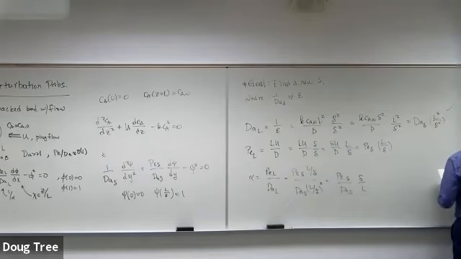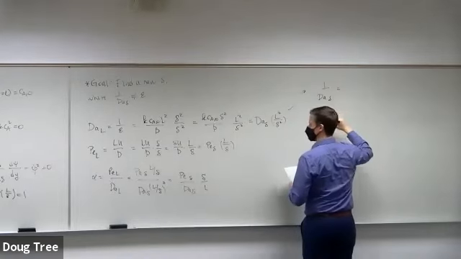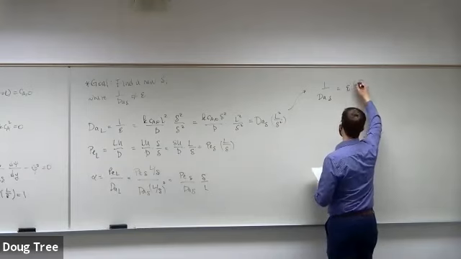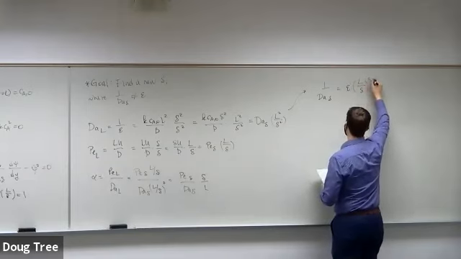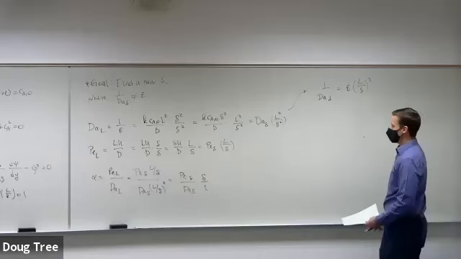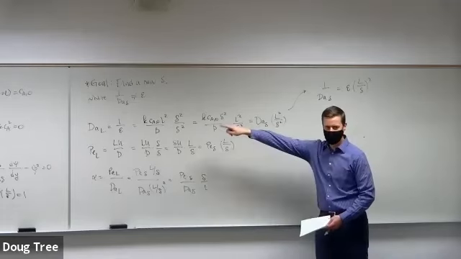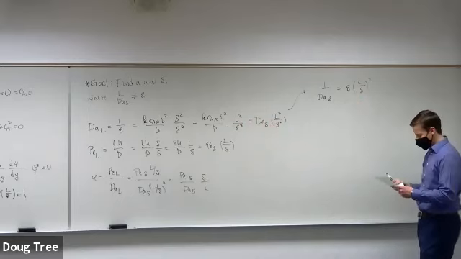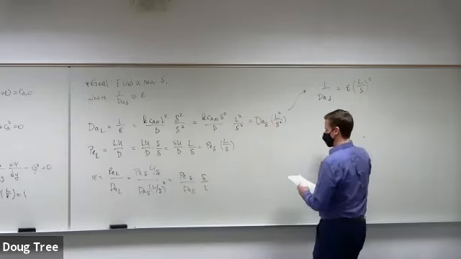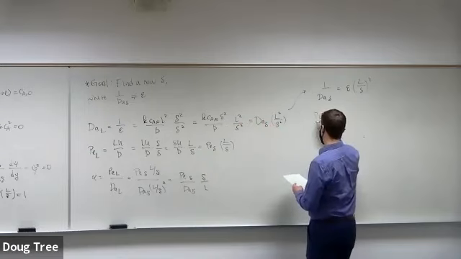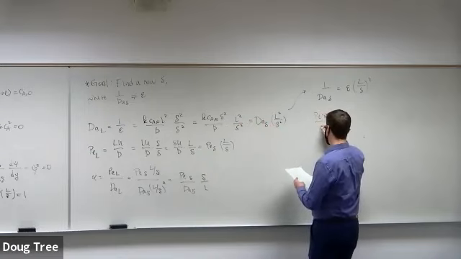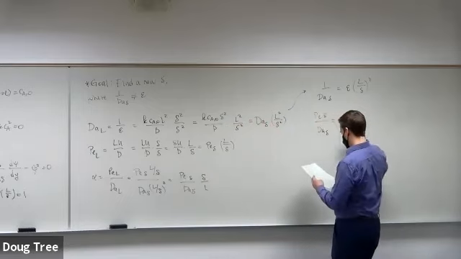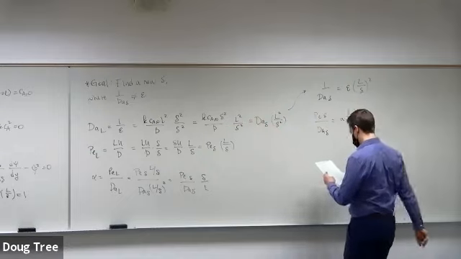I have 1 over Damköhler delta is equal to epsilon L over delta squared, because if I move that over and move the epsilon over, I get this relationship. And then I have Peclet delta divided by Damköhler delta. That's going to equal alpha L over delta.